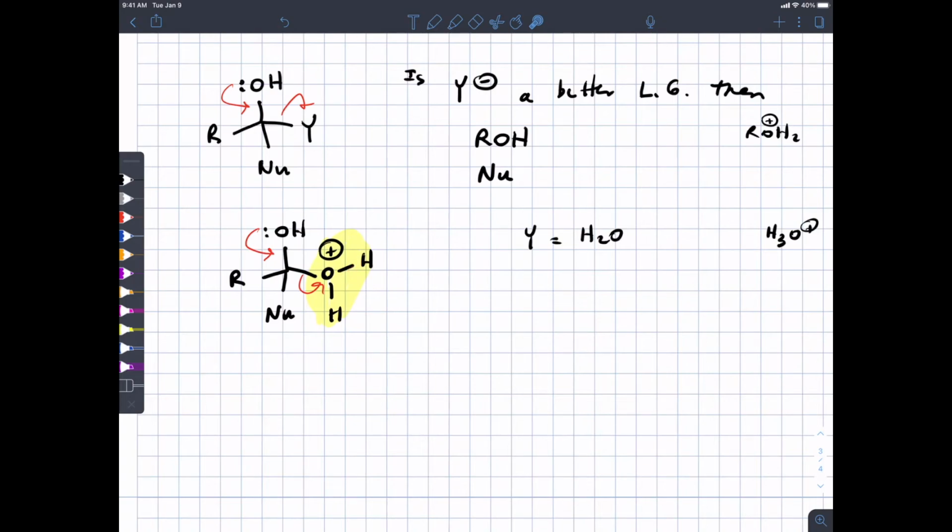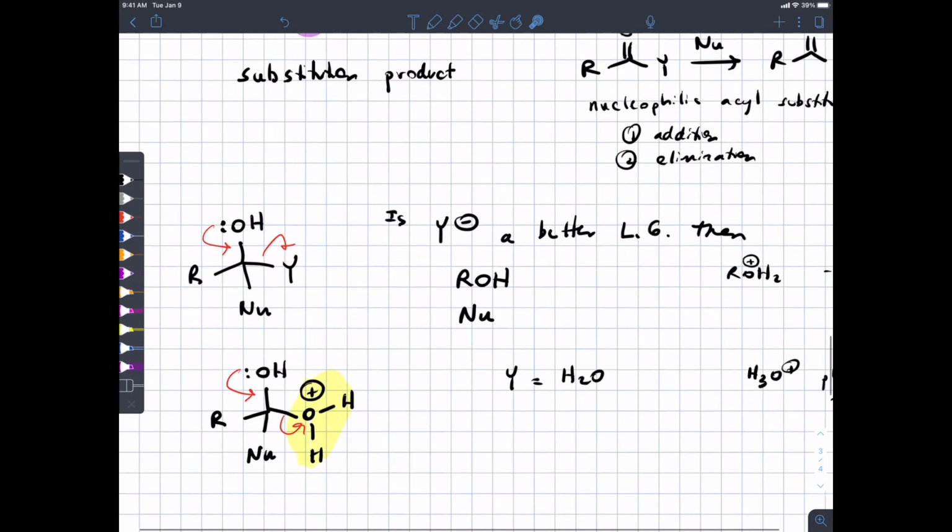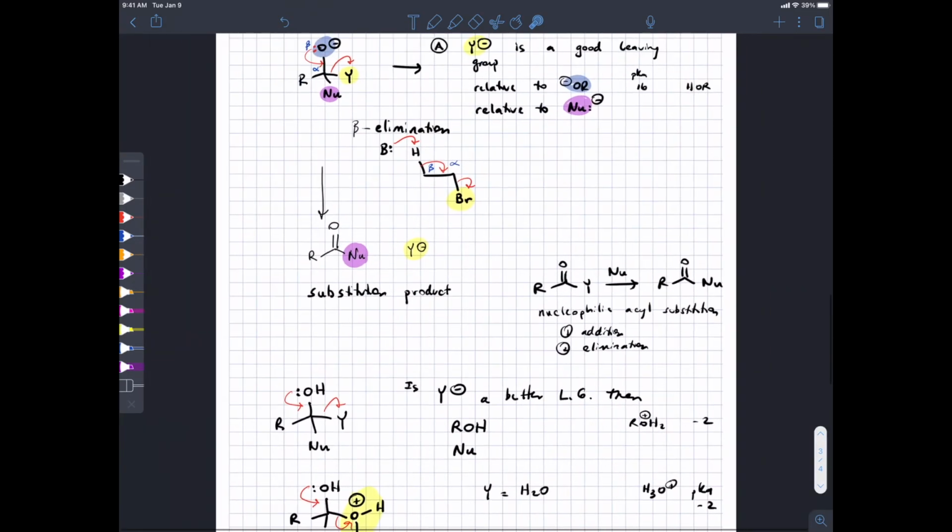First, compare the leaving group ability of the Y group and the nucleophile, because then you'll know which of these two, if any, will leave. The second thing you have to ask is, is the oxygen, either negatively charged or neutral, strong enough to kick off either of these groups? Okay.